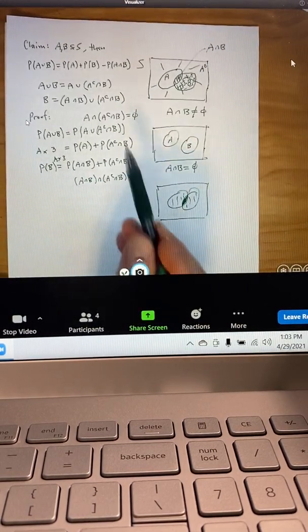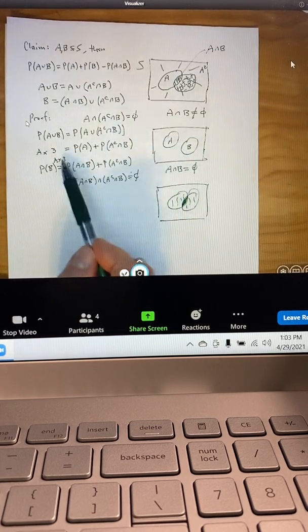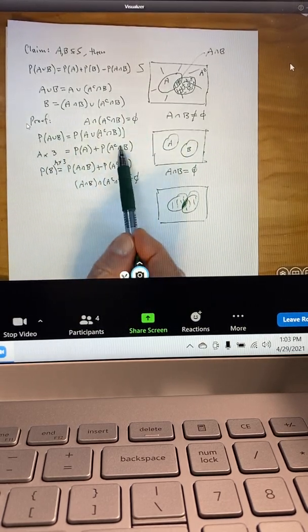Because this is empty, we can apply axiom 3 to get this.